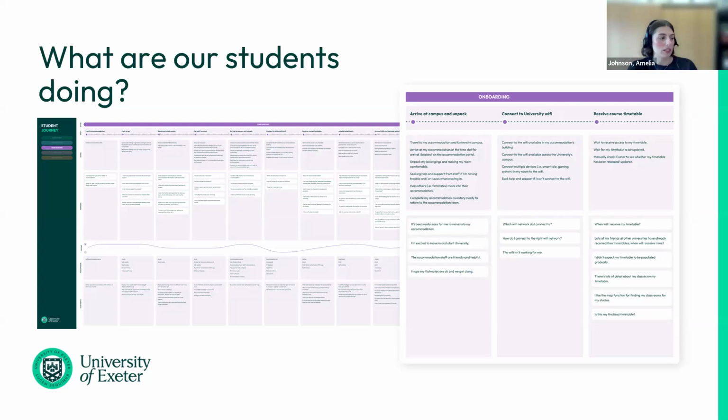And the benefits of these visuals is that you can see and connect pain points in one part of the journey and see how they can have an influence further down the line. So both of these visuals, our high-level journey map and our experience maps, give us a real picture of what our students are doing.